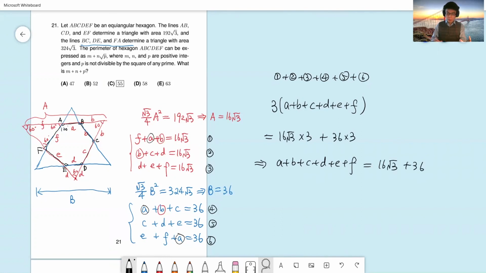And that's the perimeter. And now we can find M, N and P. M plus N plus P is 36 plus 16 plus 3. This is 55. The answer here is 55.